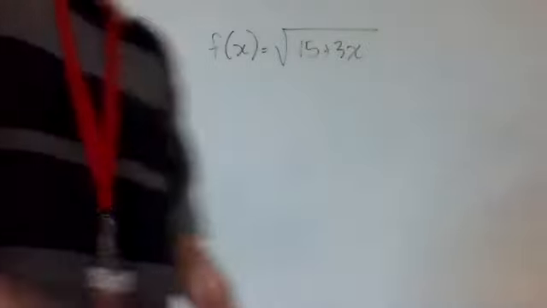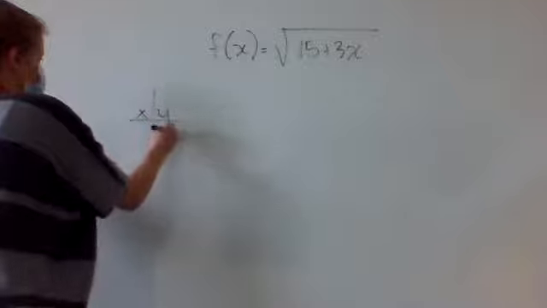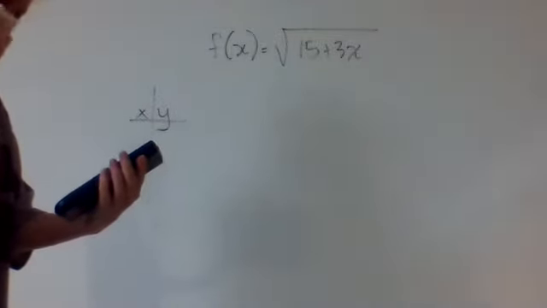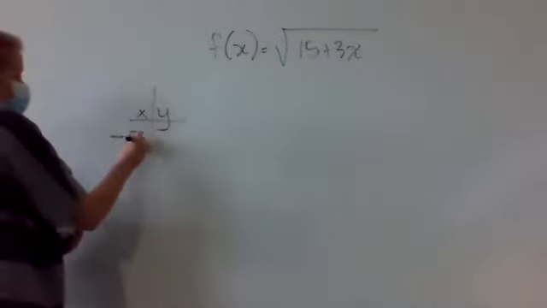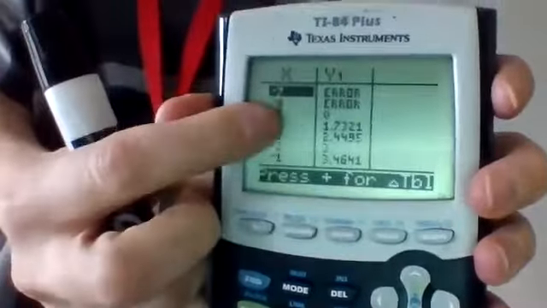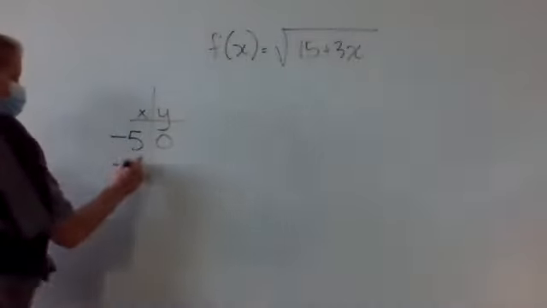If I do plot, second table, get a couple of points. Negative 5 is the smallest it can be, right? Because going below negative 5, my x's started giving me errors. Negative 2, 3. I'll just do these.